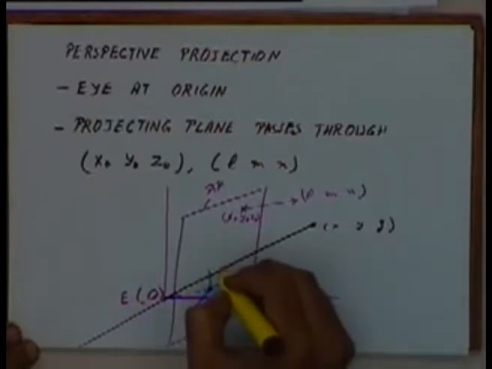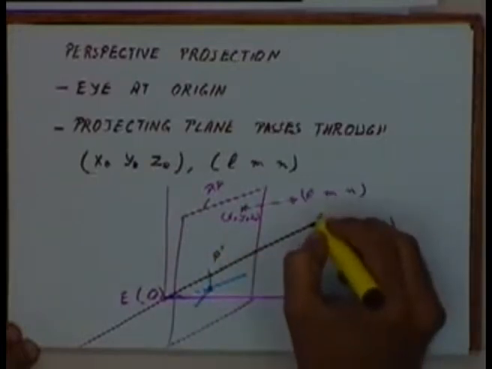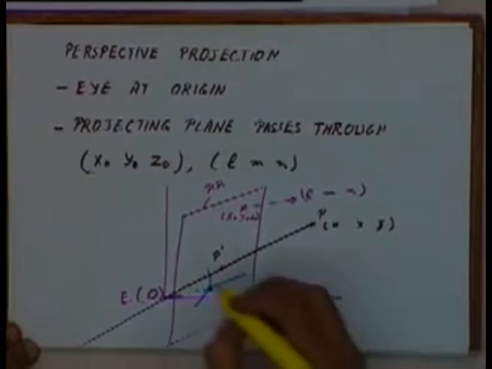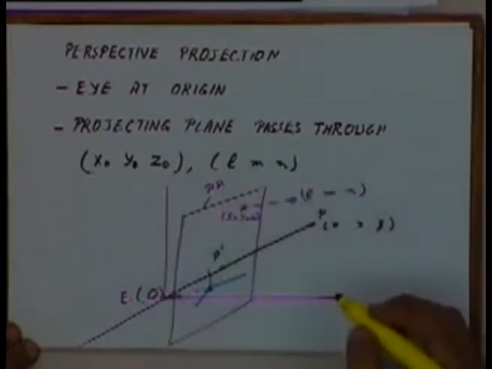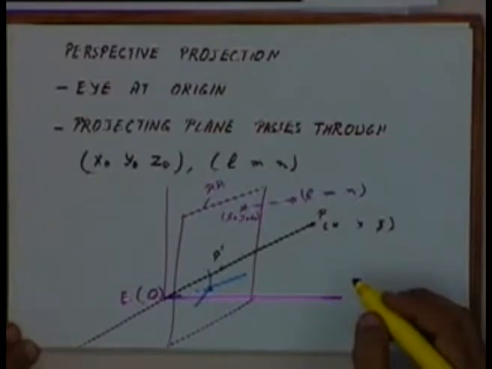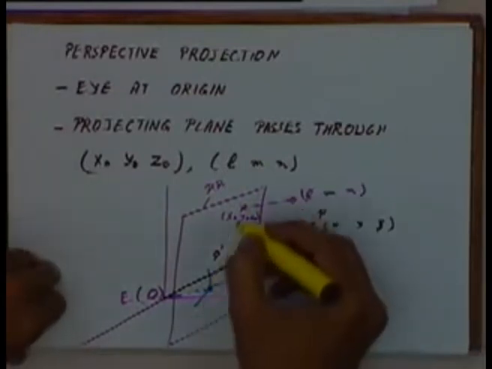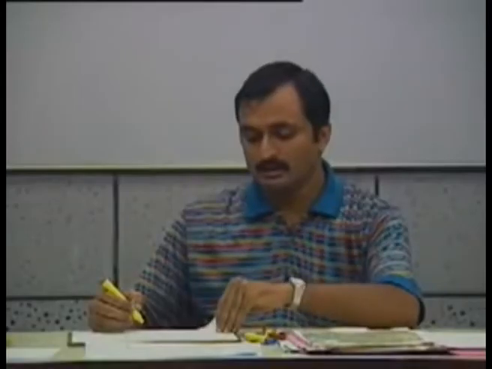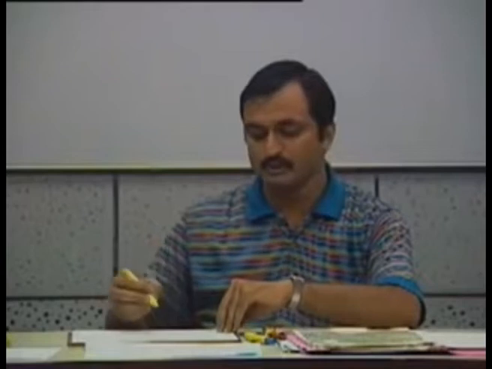Let's say the intersection is somewhere here, that is my point P prime, this is my point P. Now this point P prime will satisfy the equation of this plane. If this point P prime is satisfying the equation of this plane, what is the equation that we will get for this plane?